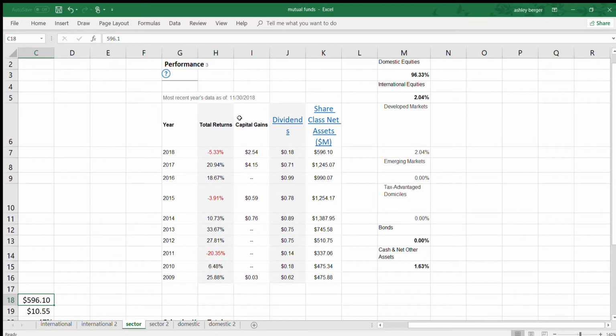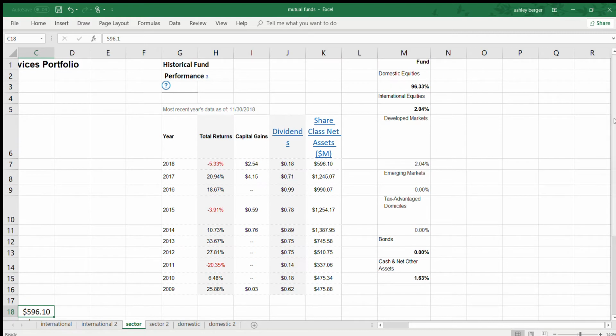For 2017, this mutual fund had a total return of 20.94%, capital gains of $4.15, and dividends of 71 cents. This fund is made up of 96.33% domestic equities, 2.04% international equities, which all come from developed markets, and 1.63% cash and net other assets.